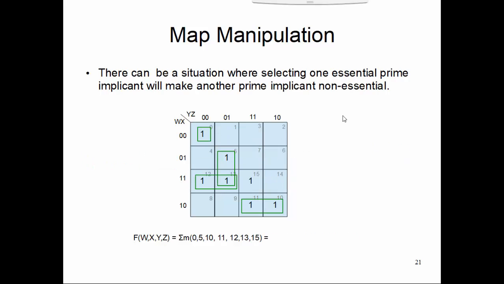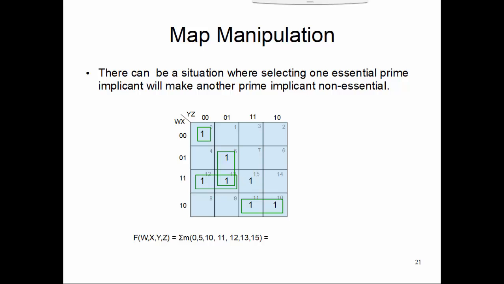The next slide is basically to show you that there can be situations where there is no clear winner. A clear winner means you cannot say that this prime implicant is really my essential prime implicant or not. This example is one such.